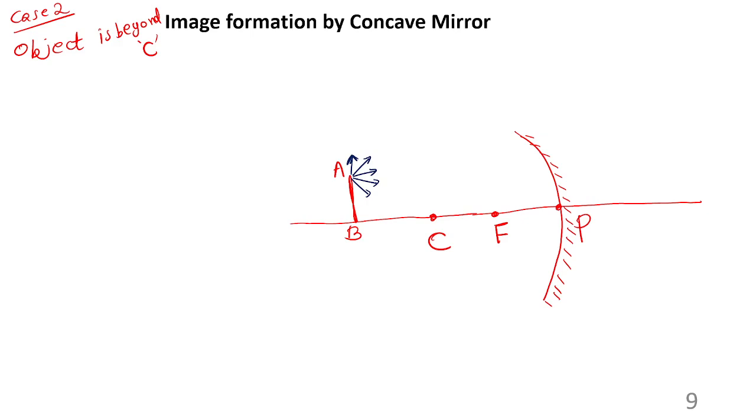So there are plenty of light rays coming out of A, but I want to select only two. Will there be a ray coming out of A like this? Yes, this is one of the rays coming out of A.